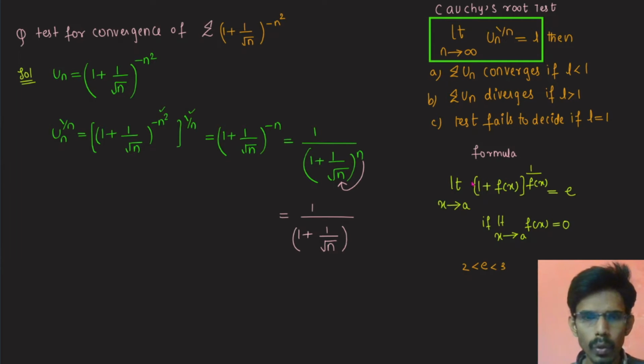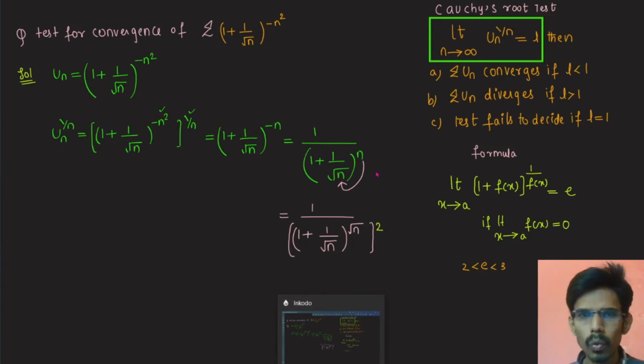Here I'm writing root n. Next, take square. What will happen? Root x value is x power of 1 by 2.